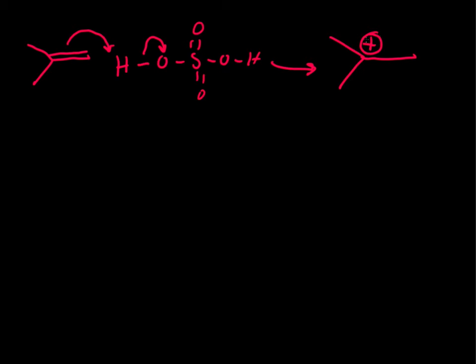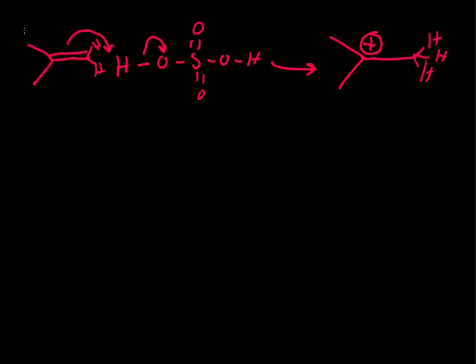Notice our plus is on the most substituted carbon because of hyperconjugation, and we want that positive carbocation to be more stable on a tertiary position. So where did our hydrogen attach? Well, it attached right here on this carbon. So remember there were two hydrogens here in the beginning, and now we have three hydrogens. So what happened? We protonated the least substituted side.